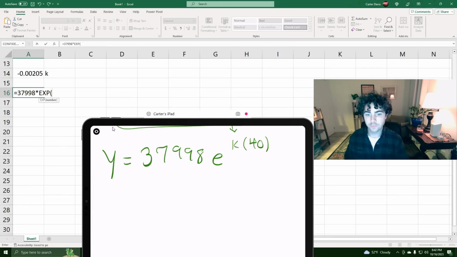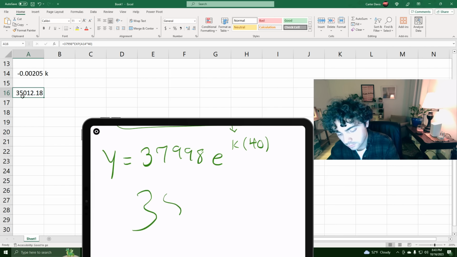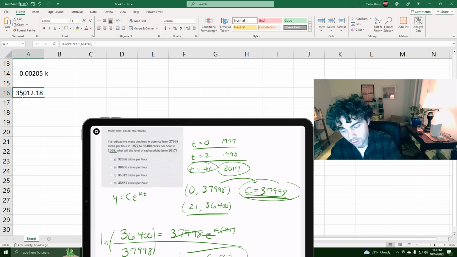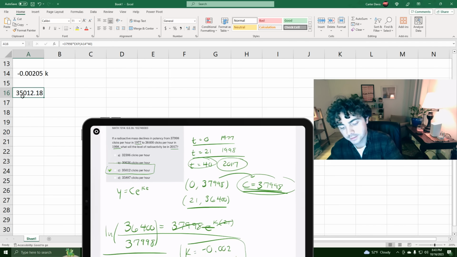In the parentheses we put the k value, which was calculated exactly in Excel, times 40. Hit enter, we get 35,012. That's option C. We have our answer just like that.